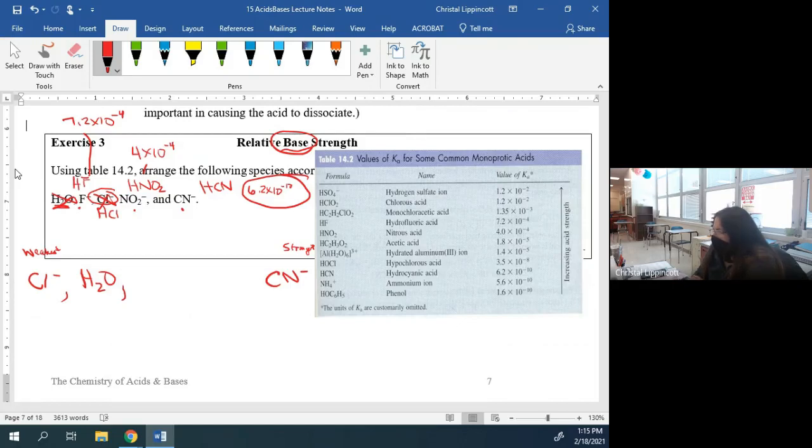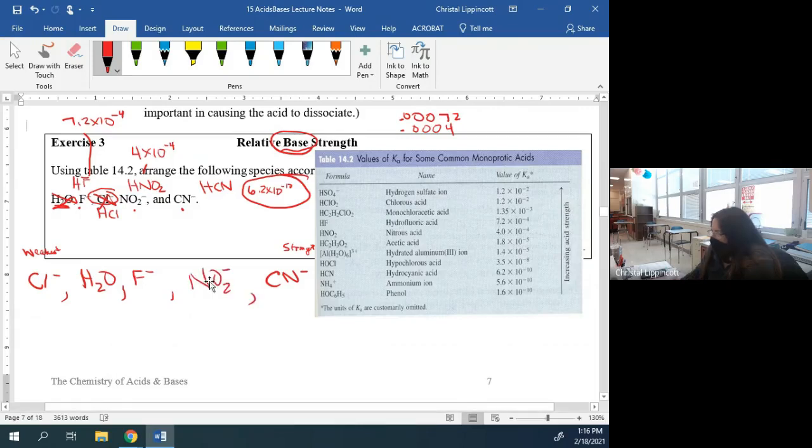Let's take these out of scientific notation and see which number is bigger and smaller. So this is going to be HF here, or F minus, I guess it would be. We're talking about the base. And then we would have our NO2 here. And that should be our answer.